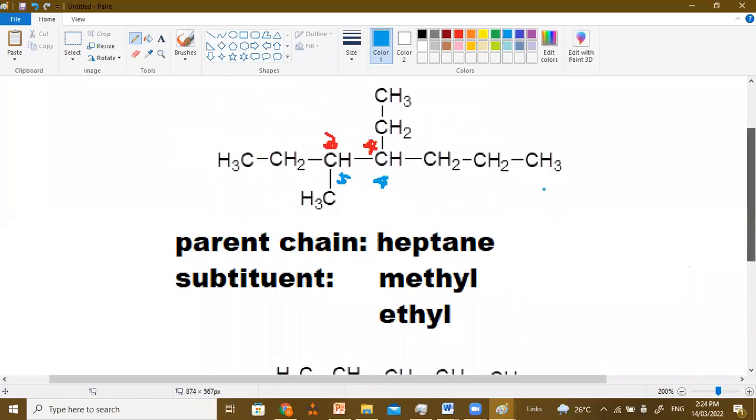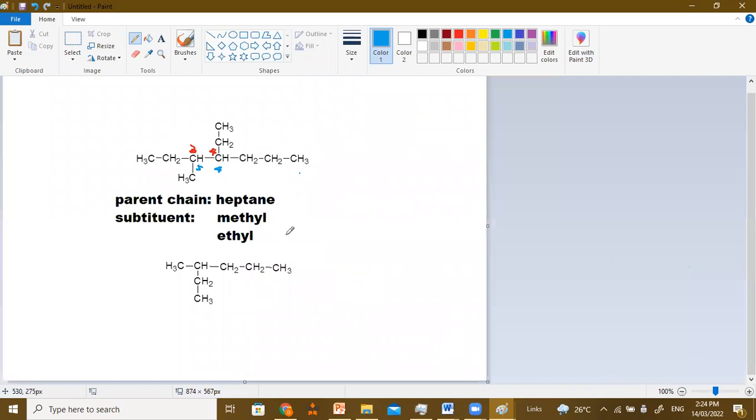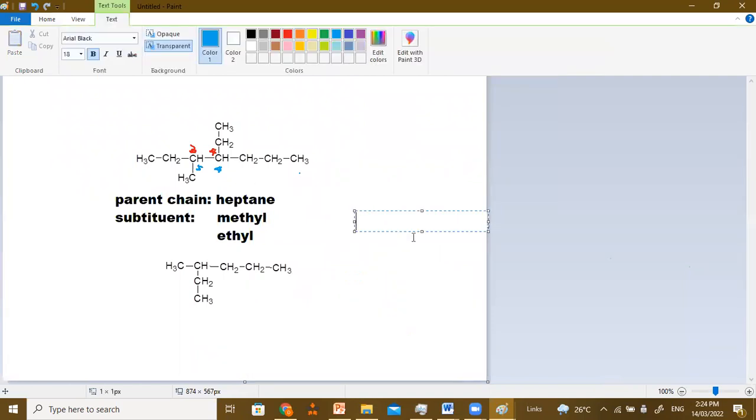So before methyl, we name our ethyl. When we name this one, we first have to mention our ethyl before methyl. And our ethyl is located on carbon 4.